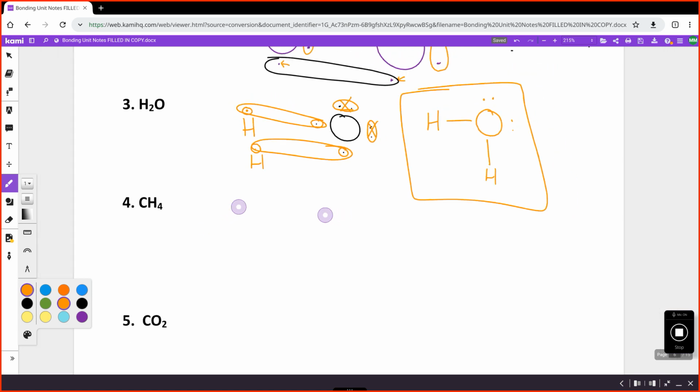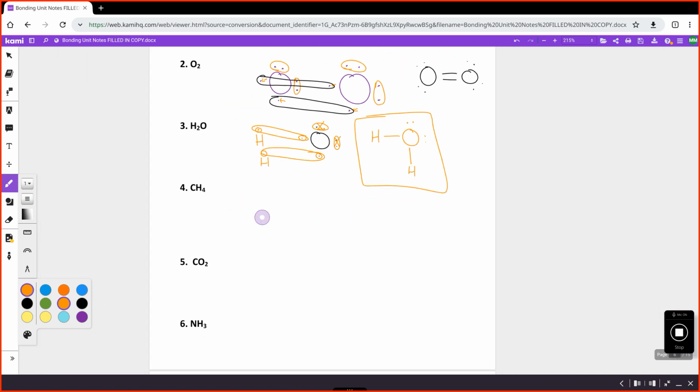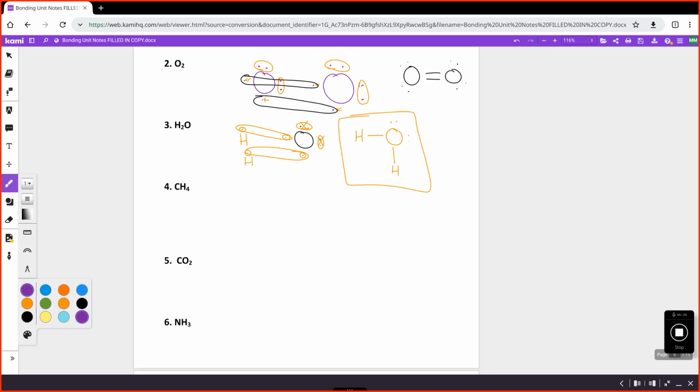And these last couple of ones, I'll just kind of put them on the board for you to see. They are some other very common diagrams that come up in any chemistry class.